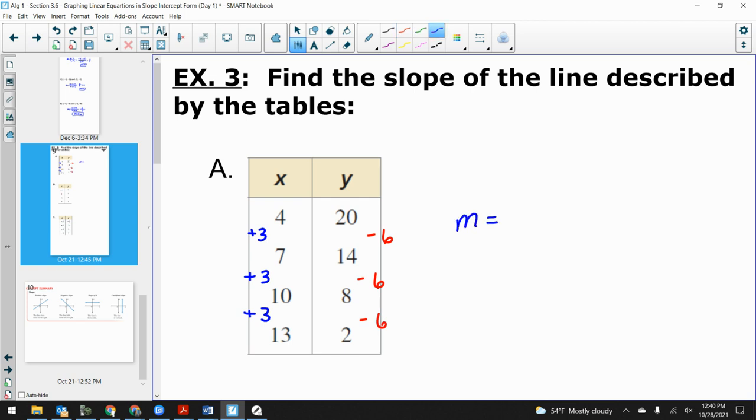That's the linear test, but what's my slope then? Change in y divided by change in x. -6 divided by +3, or -2. When you have a table, all you need to do is look at the change in y and change in x, and then you divide the change in y by the change in x.